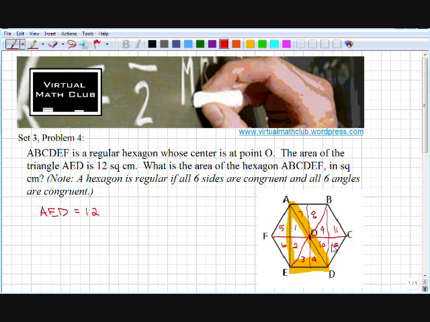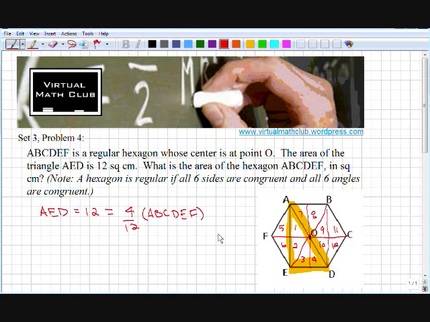So we have 12 little triangles that make up the big figure. So we know that AED is 4/12 of the whole hexagon ABCDEF.